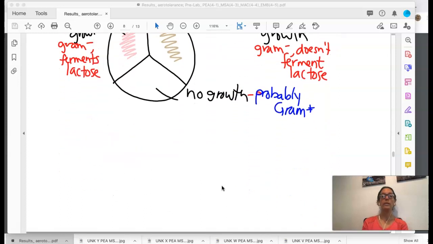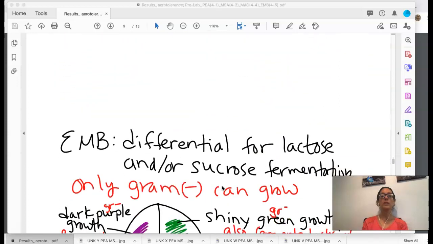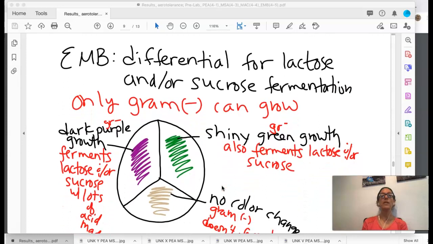The fourth plate is the EMB, the eosin methylene blue agar. That was also selective for gram-negatives because the dyes eosin and methylene blue inhibit gram-positives.